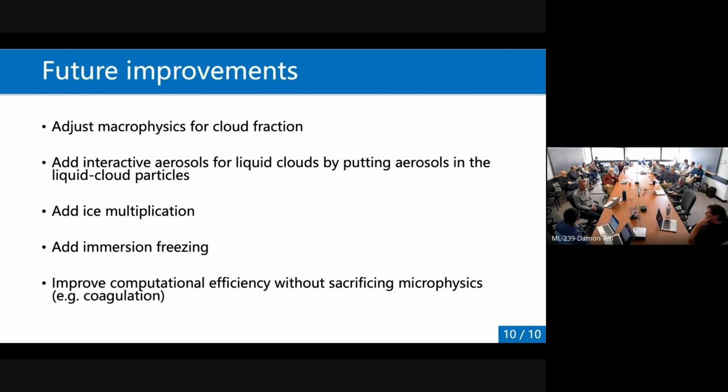So for cloud liquid and cloud ice, you have 48 different tracers for each one of those? We have 48 bins, but we also have more tracers. Oh yeah, I'm counting a bin as a tracer. Yeah, kind of.